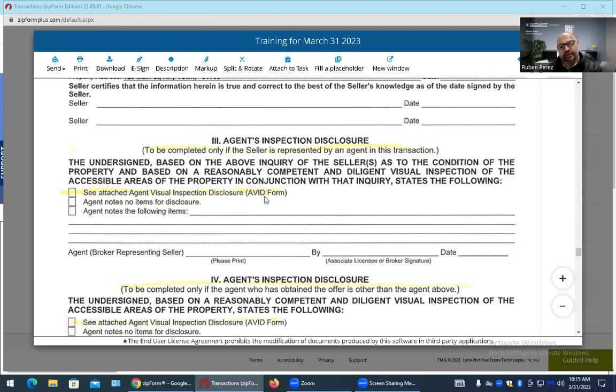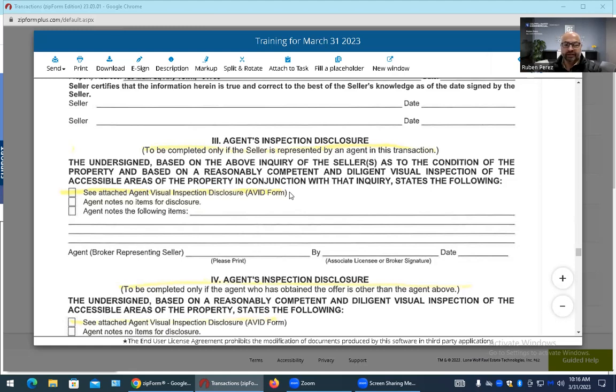Peter, I have a question. Even though it's not statutory, the TDS is. So if the AVID is in the TDS, does that make it statutory? Well, it's not statutory, but if you put a check mark there, that means if you don't give the AVID, you breach the contract of the TDS. It's disclosure.